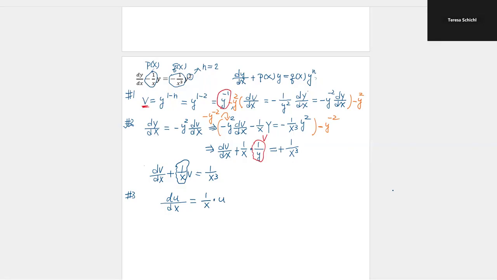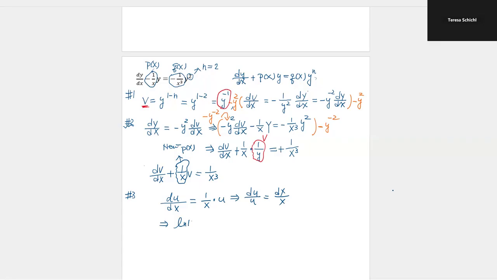Times u here. All right, so this is my new p(x). Okay, so this is how we find the integration factor. Then you do the separation. So I say du over u is equal to dx over x. I move the x around, then you integrate both sides.